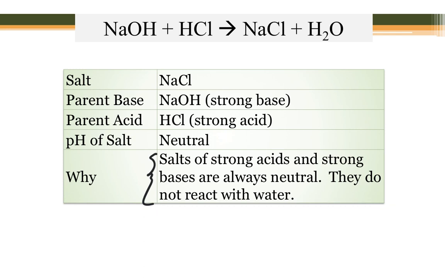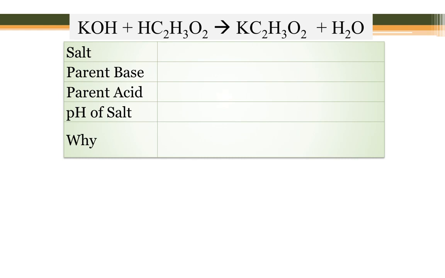So let's do another one. The salt that is produced is always going to be on the product side, and it's going to be a cation and an anion, making a metal and a polyatomic ion, or a metal and a nonmetal. This salt is potassium acetate, KC2H3O2.